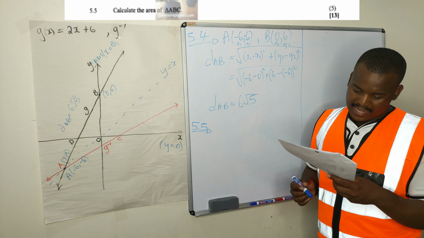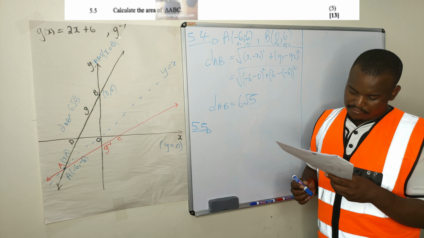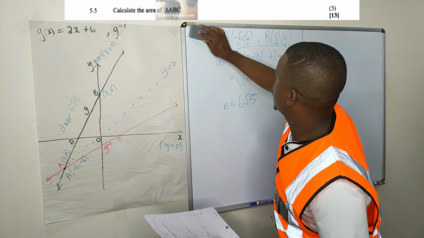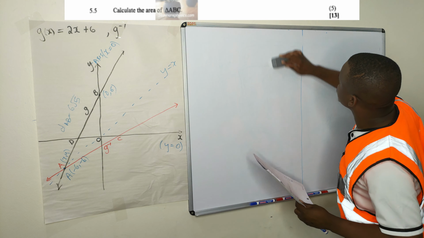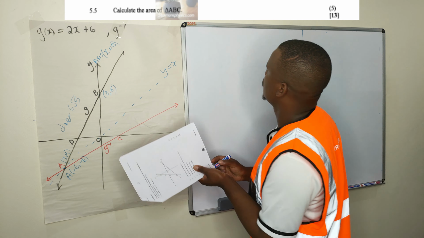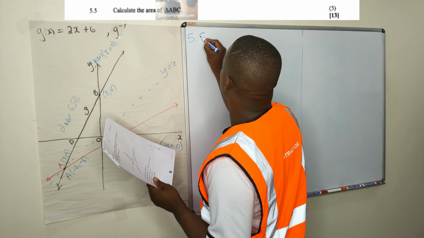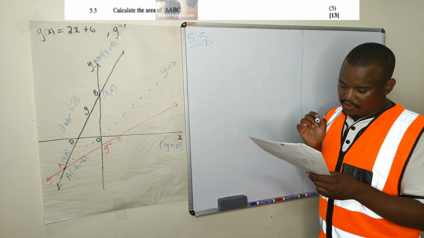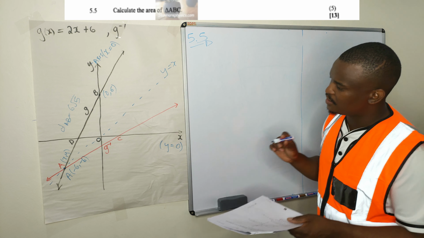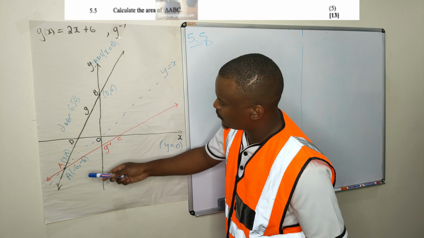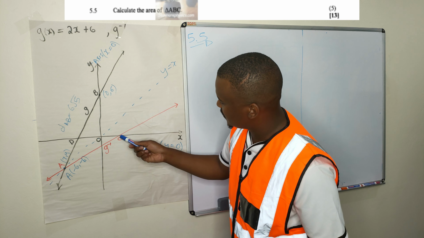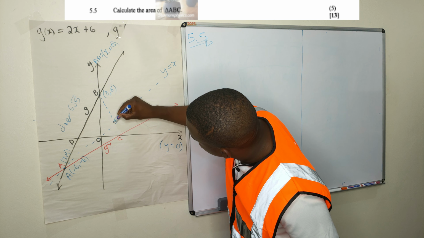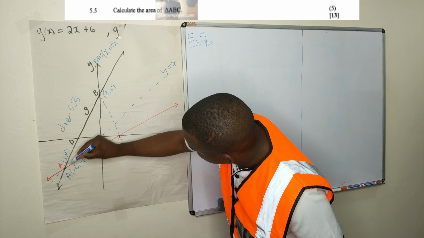Calculate the area of triangle ABC. So let me clean this. 5.5. They are saying calculate the area of triangle ABC, which is this triangle here.